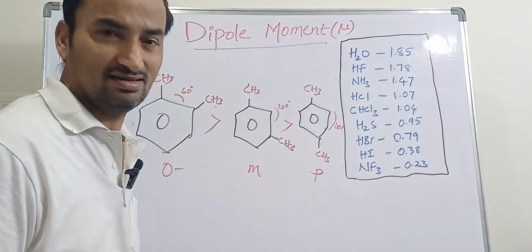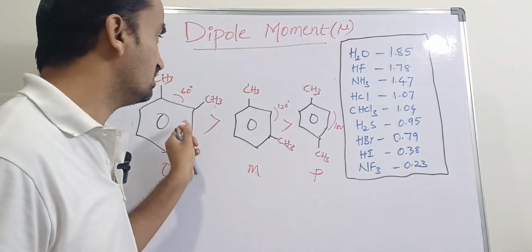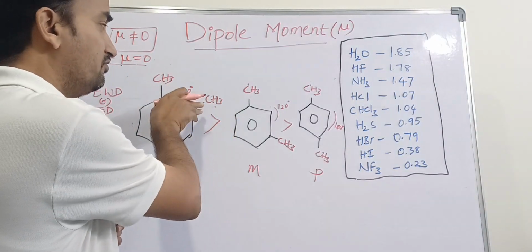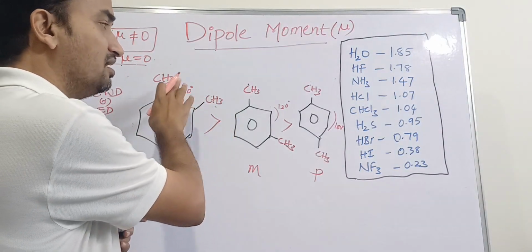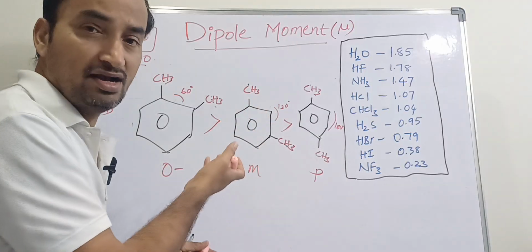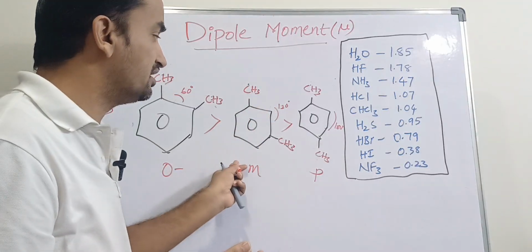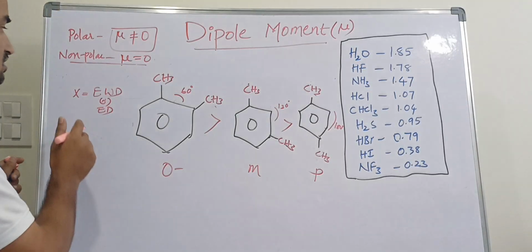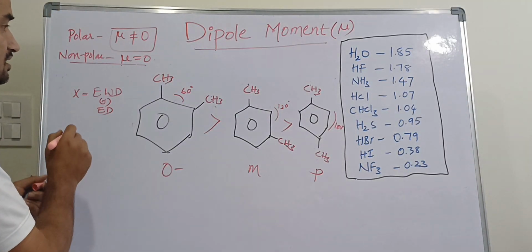That is not required here. So just remember, if two are of the same kind, either both electron donating or both electron withdrawing, like this we can say with chlorine also, the order is ortho followed by meta followed by para.